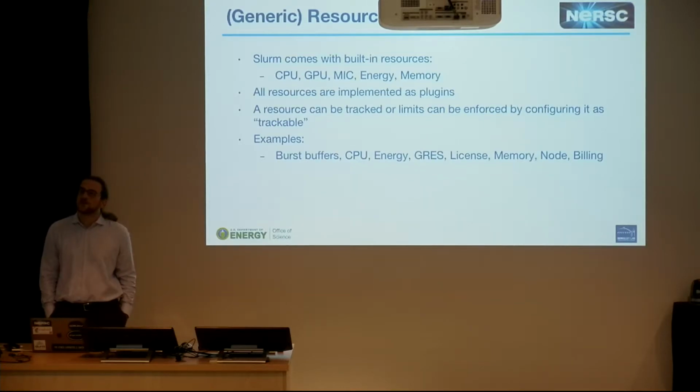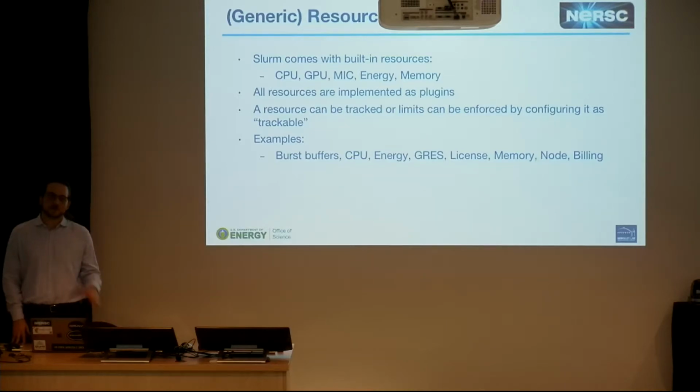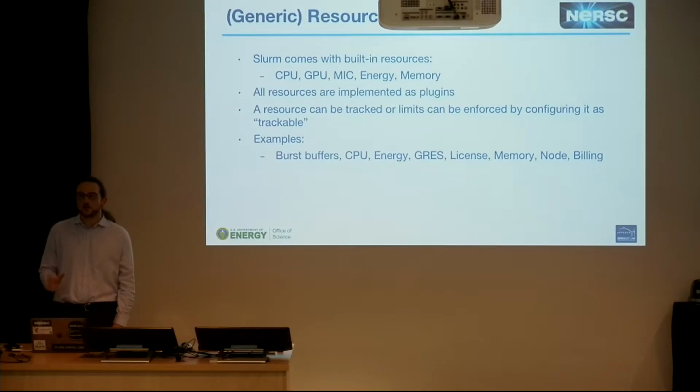All right, so that's fine. And you can track the resources. If you say I want to track GPUs, you can enforce a limit on the GPUs. Let's say a job can only use 1 GPU. Also noteworthy is that Slurm can do billing by default, so you can bill for GPUs, for example, or you can bill for CPU and memory.